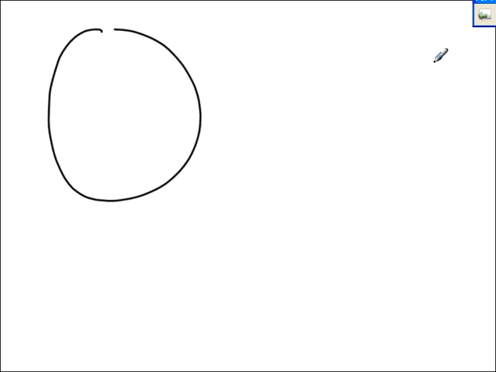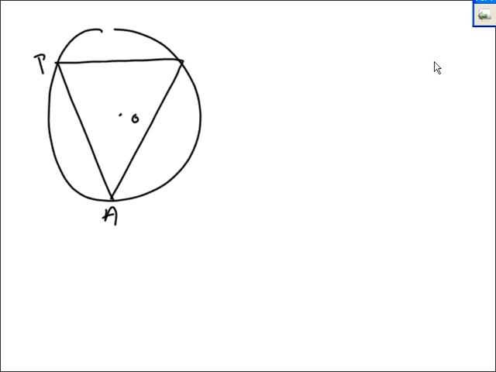Suppose you have a circle centered at O. And once again, you put a triangle in it, an isosceles triangle, A, B, and C. If I said isosceles, I meant equilateral. All three sides are the same.